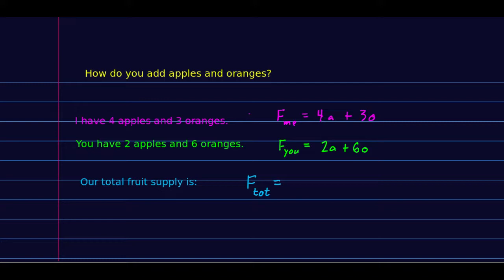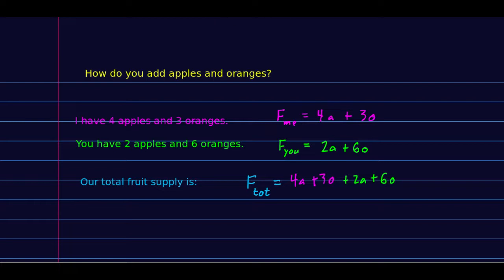Let's talk about adding apples and oranges. So I have 4 apples and 3 oranges, and so I'm going to write fruit me is 4 apples and 3 oranges. And you have 2 apples and 6 oranges, so I'm going to write fruit you is 2 apples and 6 oranges. And so our total fruit supply is just 4 apples and 3 oranges, and 2 apples and 6 oranges.